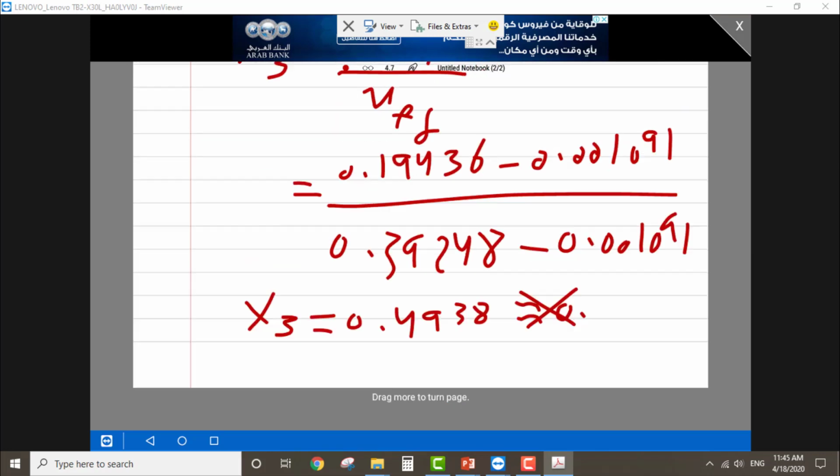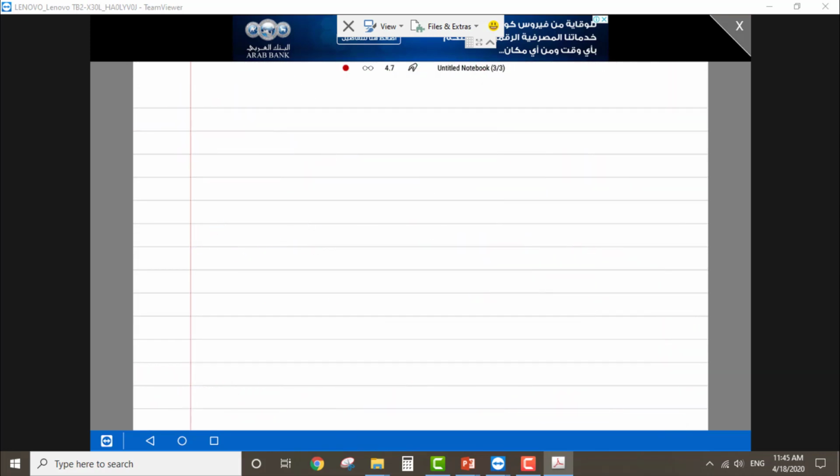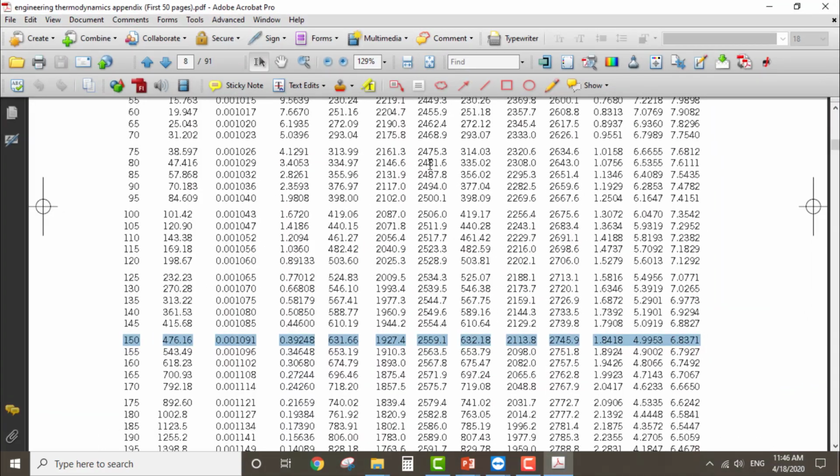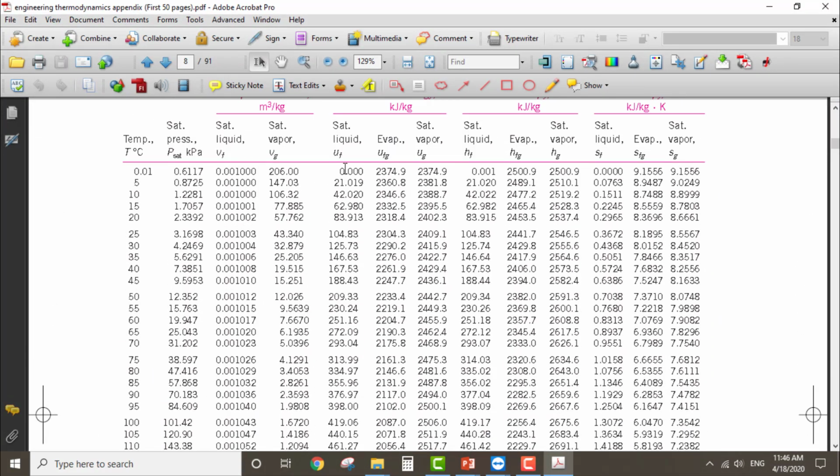Okay, now we need to find u3. So from this equation, u3 equal to uf plus x3 multiplied by ufg. Uf from where? From the same table. Where is u?